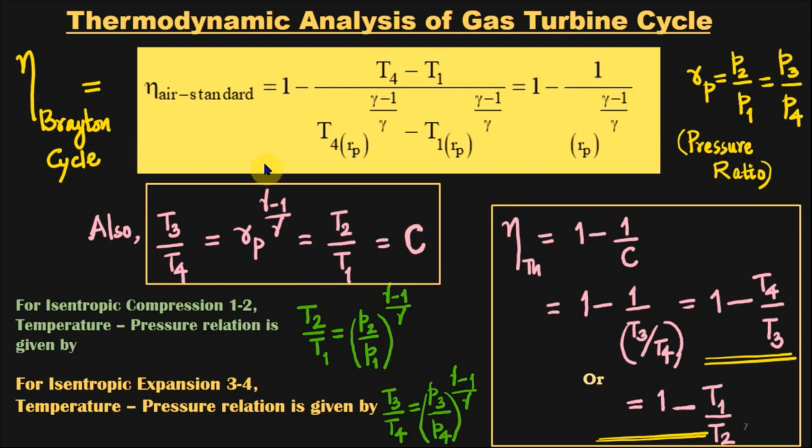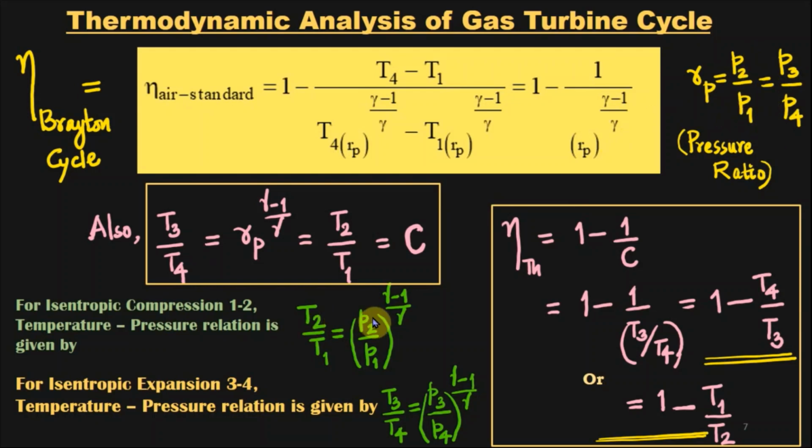These are the important relations we derived earlier. Air standard efficiency of Brayton cycle, the ideal one, is 1 minus 1 by Rp raised to gamma minus 1 by gamma. I want you to recollect what is the pressure ratio Rp. The pressure ratio is P2 by P1 and that is equal to P3 by P4.